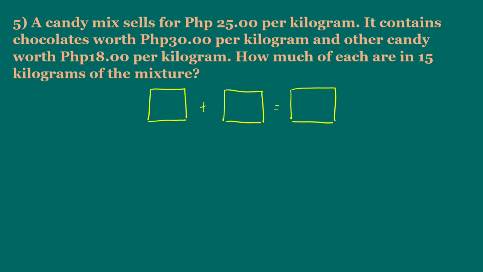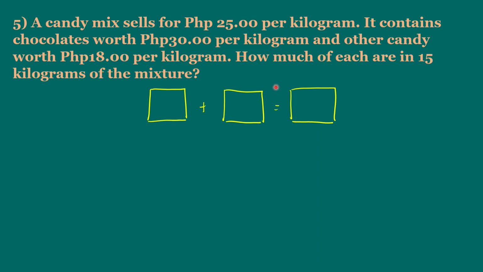So in this case, we have a candy mix that sells for 25 pesos per kilogram. It contains chocolates worth 30 pesos per kilogram and other candy worth 18 pesos per kilogram. How much of each are in 15 kilograms of the mixture?